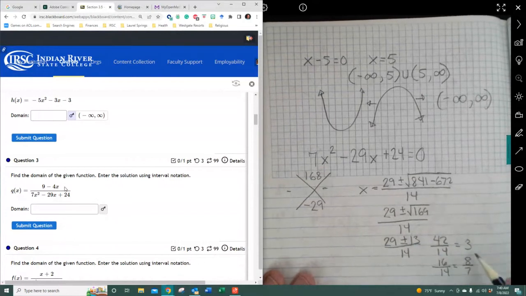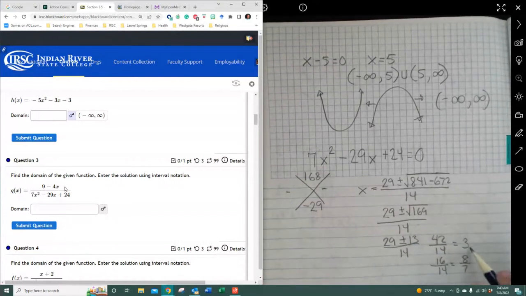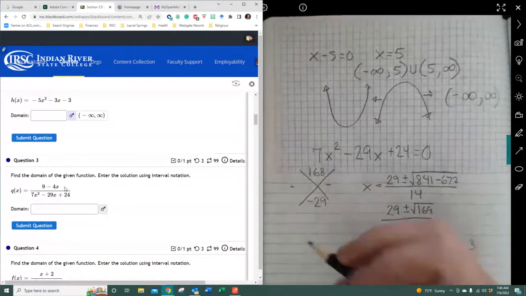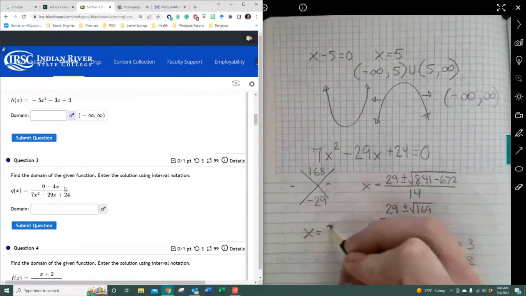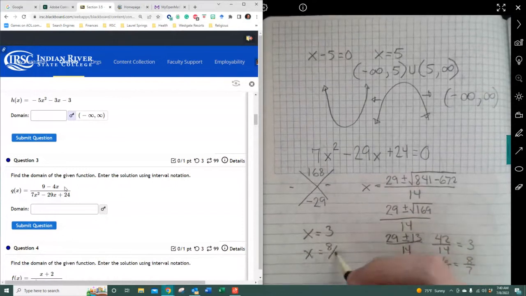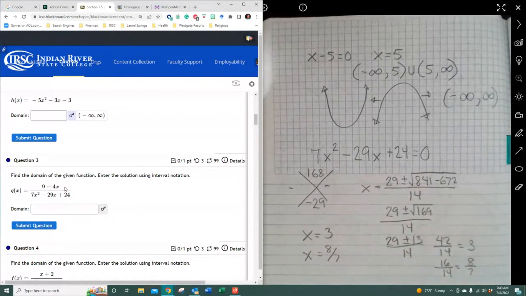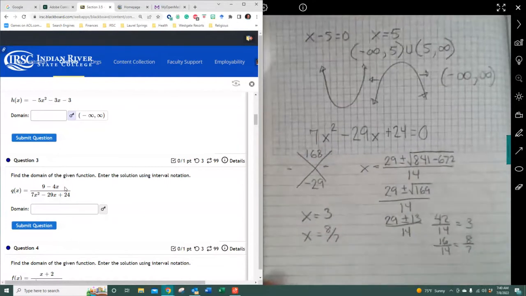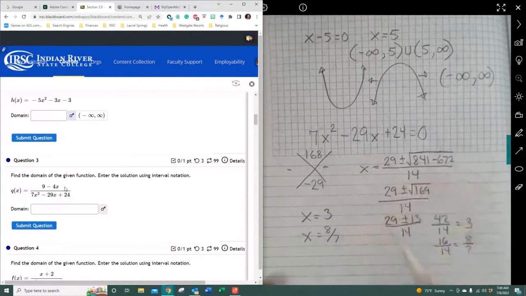All right, so we have the answers for this. So now, when we look at this, x equals 3 and x equals 8/7. So now we're looking at the values which it can't equal.